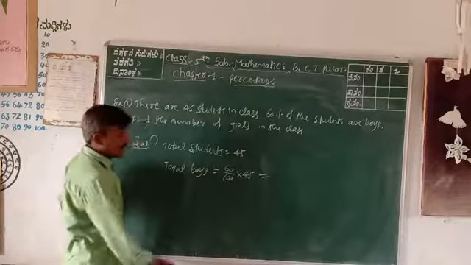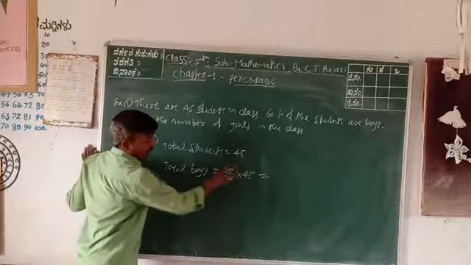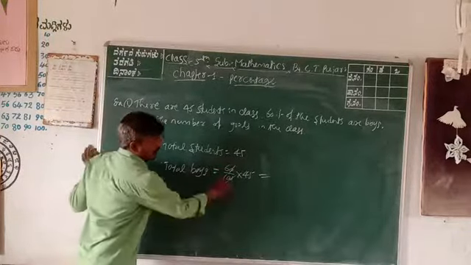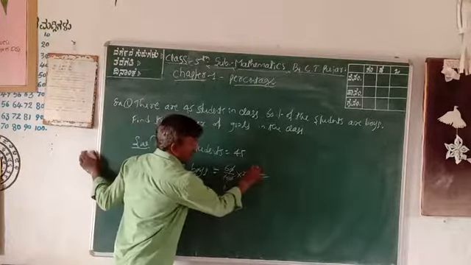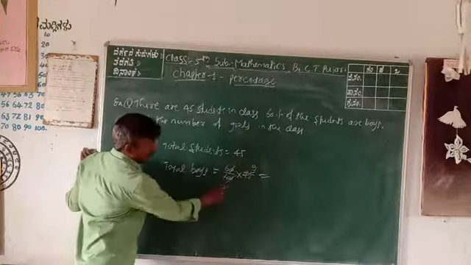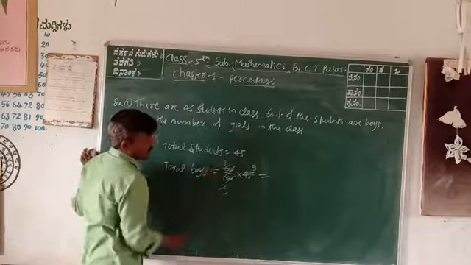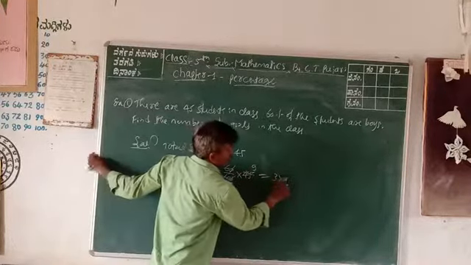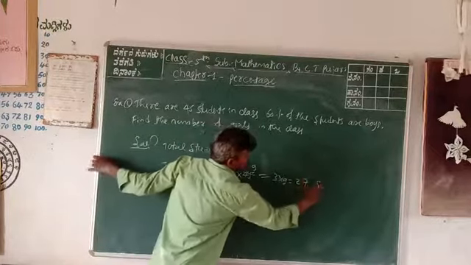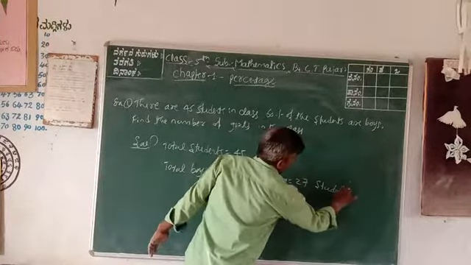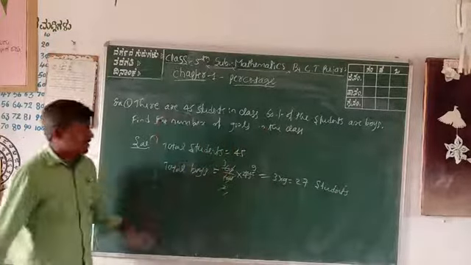Simplification: 1 0 cancel, 1 0 cancel, 5 2s are, 5 9s are, 2 1s are, 2 3s are. Therefore 3 into 9 is equal to 27 students. Only 27 students are boys.